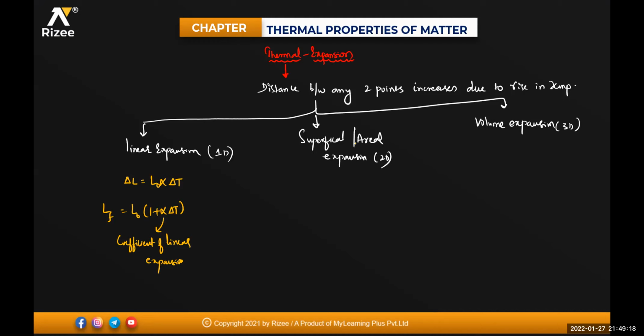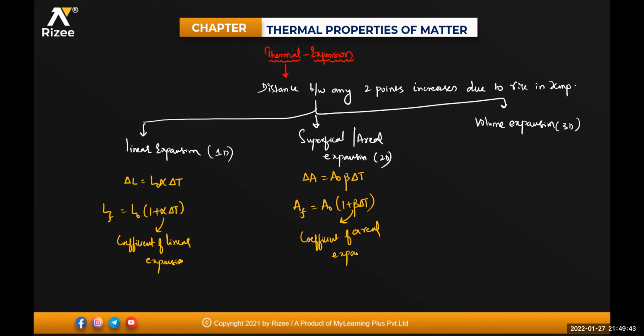In the same way, for superficial expansion, change in area delta A will be equal to A naught into beta into delta T. So the final area will be equal to A naught into 1 plus beta into delta T, where beta is known as the coefficient of areal expansion.